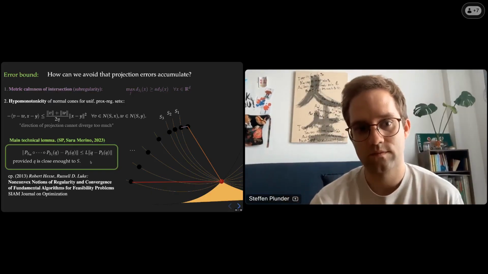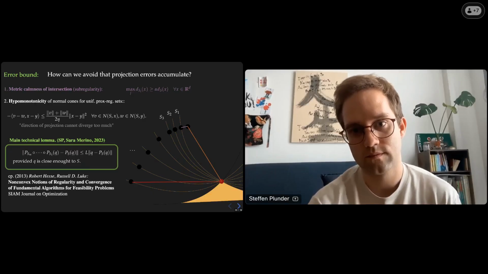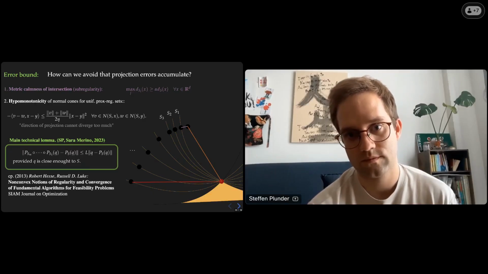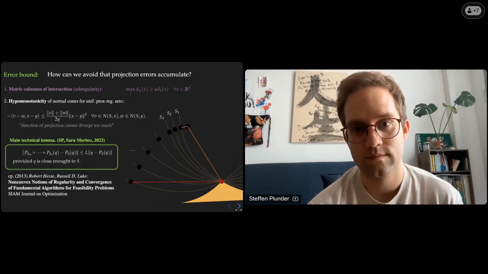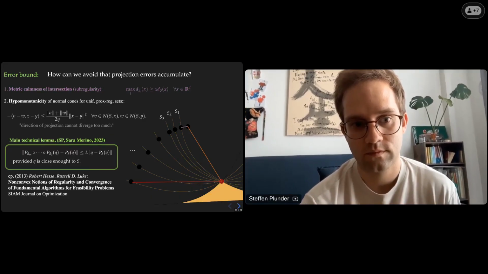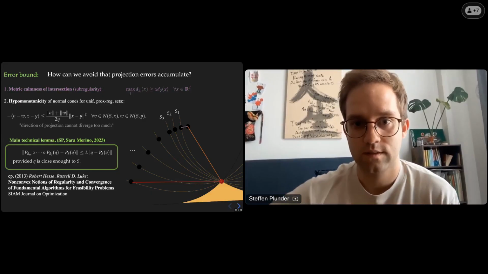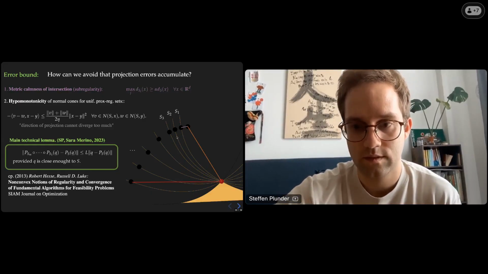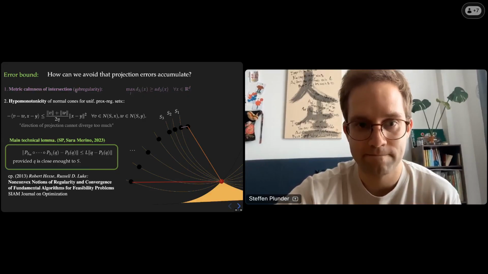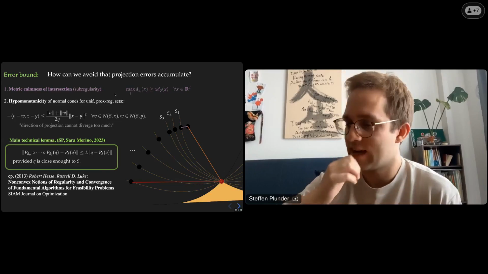So let me make sure. You have a prox-regular set, right? And this set gives you hypomonotonicity of the normal cone. But does this set give you subregularity, this metric calmness? Or do you have to assume it?